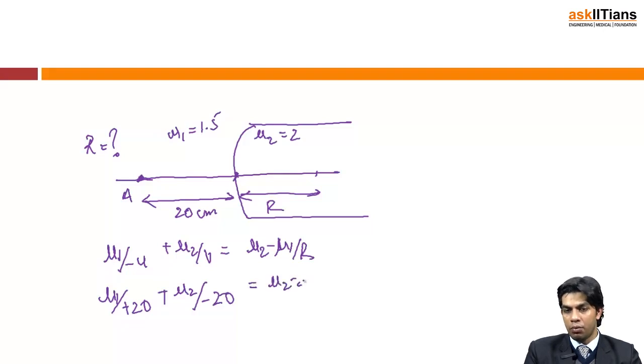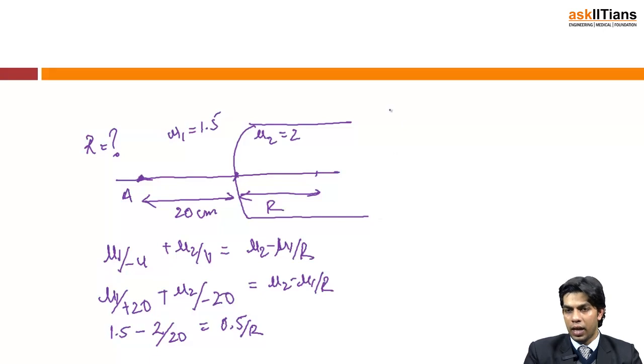And then I have mu2 minus mu1 by r. Now I will introduce the values of mu1 and mu2: mu1 is 1.5, mu2 is 2, divided by 20, and mu2 is 2 and mu1 is 1.5, I end up getting 0.5 by r.